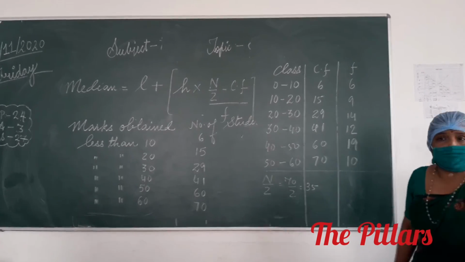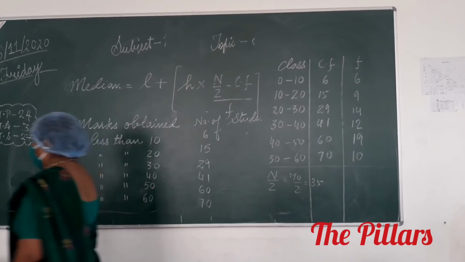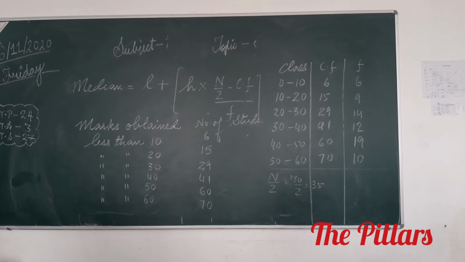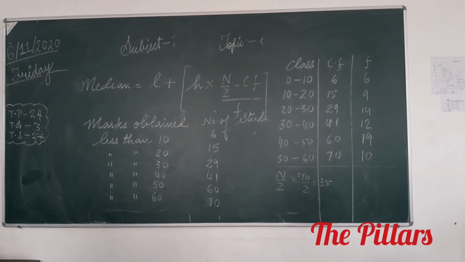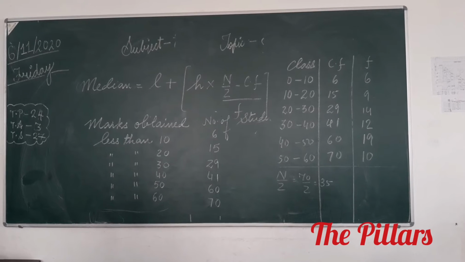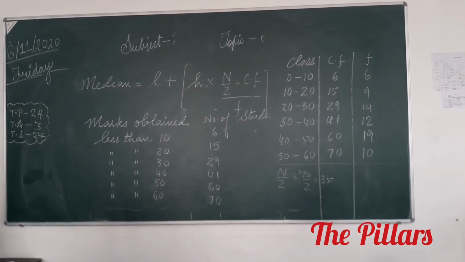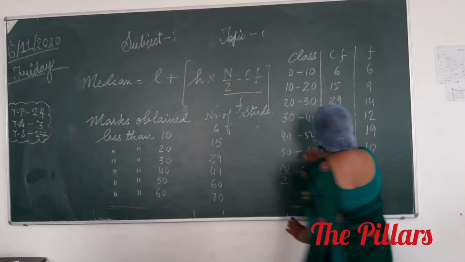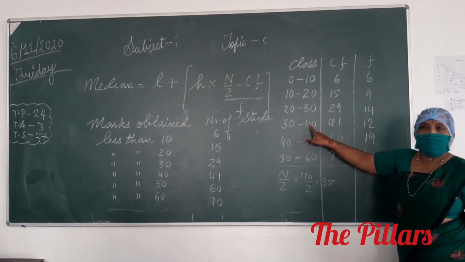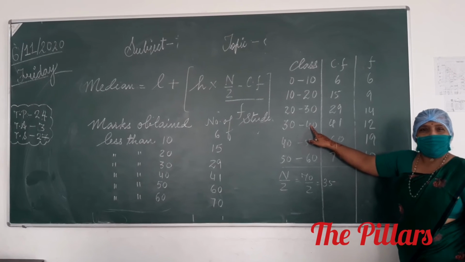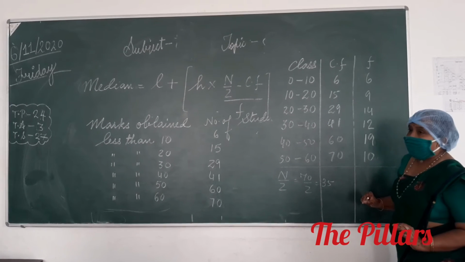Therefore, the median class is 30 to 40.